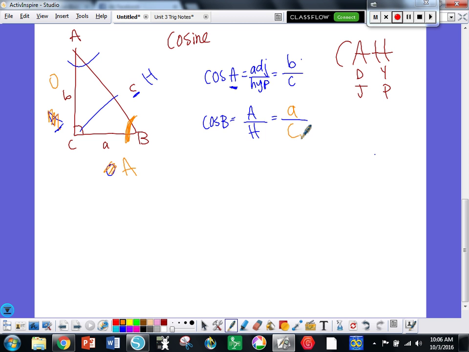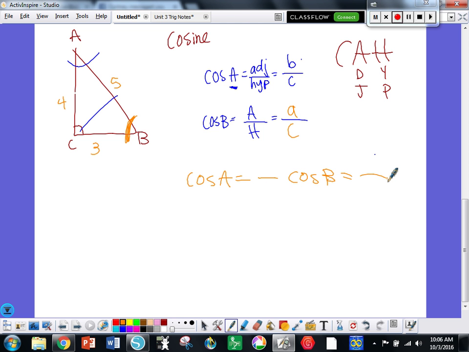So let's get an example problem. We'll do the exact example from the previous. So what was this, 3, 4, 5? For my example, we'll redraw this triangle very fast. All right, if I'm looking at angle A, cosine is A over H, right?